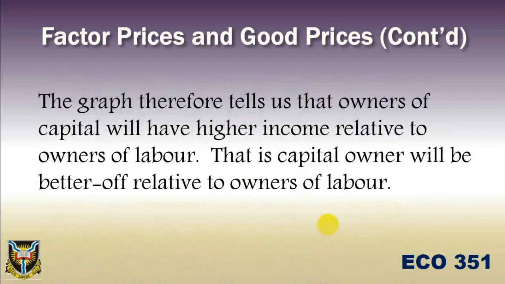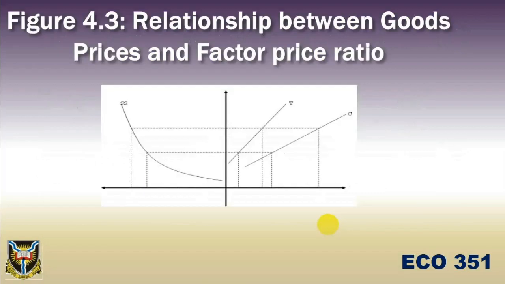The graph therefore tells us that owners of capital will have a higher income relative to owners of labor. That is, capital owners will be better off relative to owners of labor.